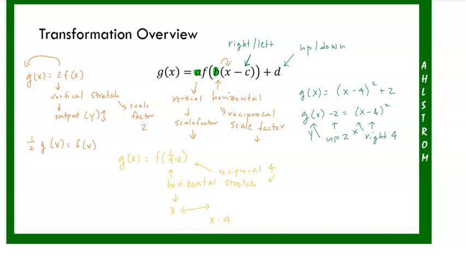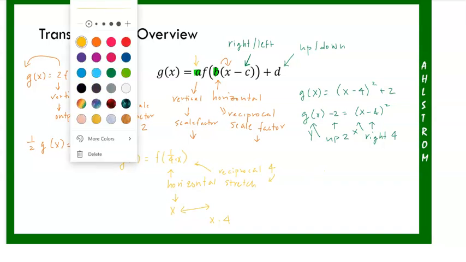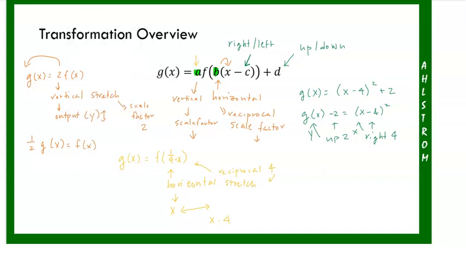And then if a is a negative, notice what is going to happen is that you are going to multiply the y's, the outputs, by a negative 1. So for example, let's make that a g of x.